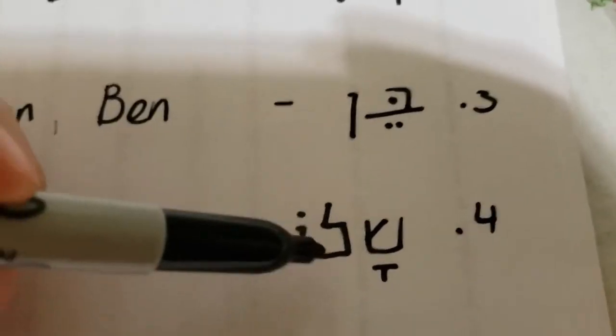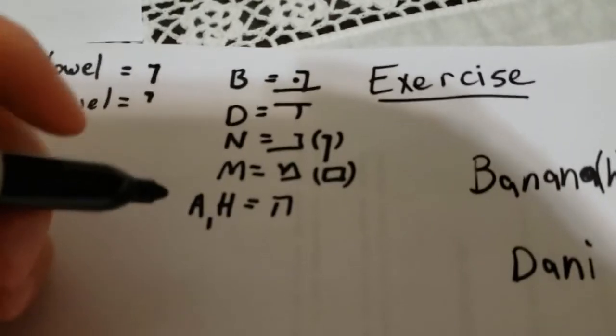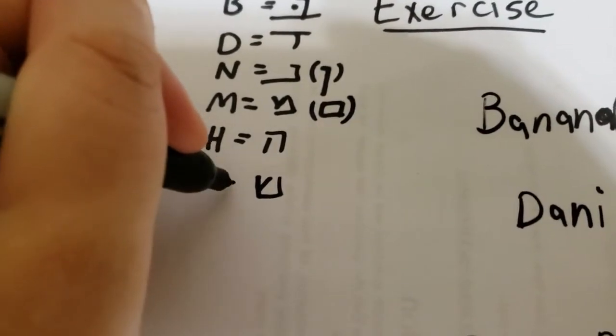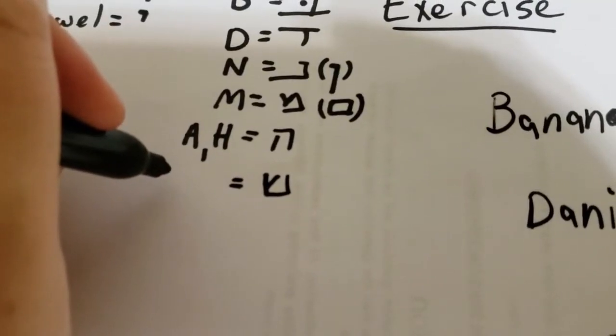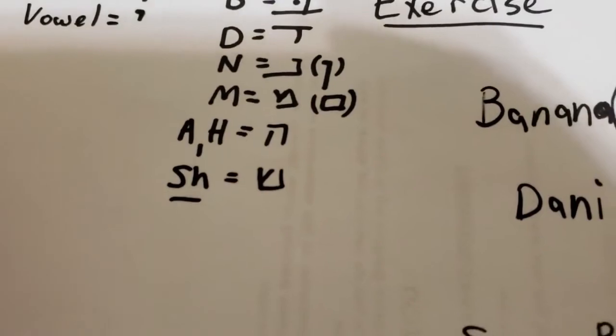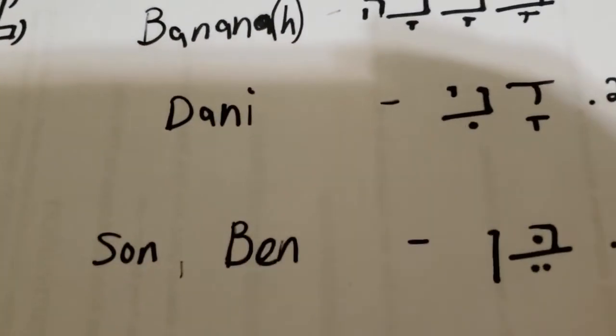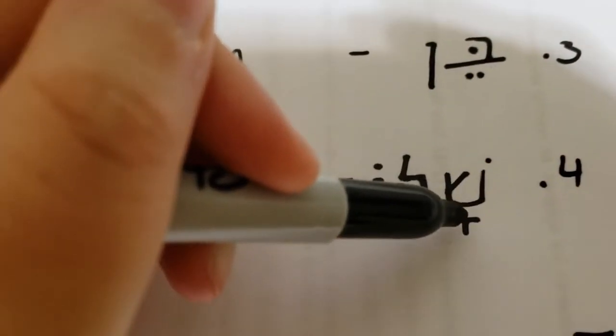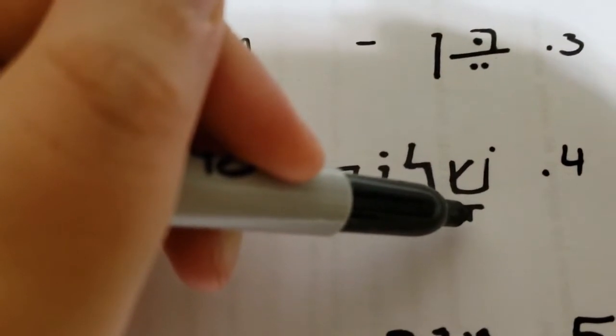Okay, so we have the first letter. Let's see over here. Oh, I didn't write it here. Let's see. This letter is shin, and the sound it makes is sh. Okay, so we have shin, and then we have a kamatz.